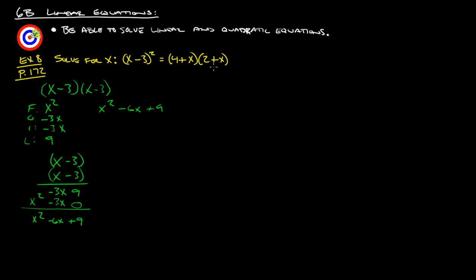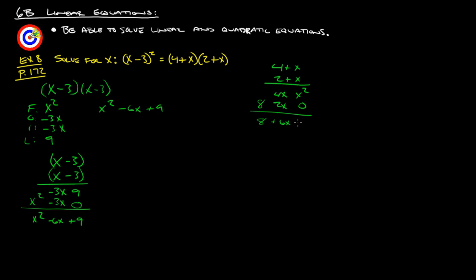And then this one over here, we've got to FOIL this one out too. And again, I'm kind of partial to stacking them, so I'm going to do that. So 4 plus x over 2 plus x. X times x is x squared. X times 4 is 4x. Alright, I'm going to put my 0 in there. 2 times x is 2x, and then 2 times 4 is 8.